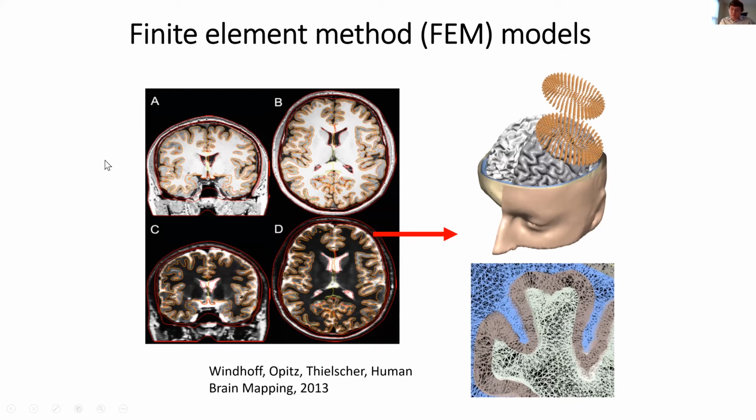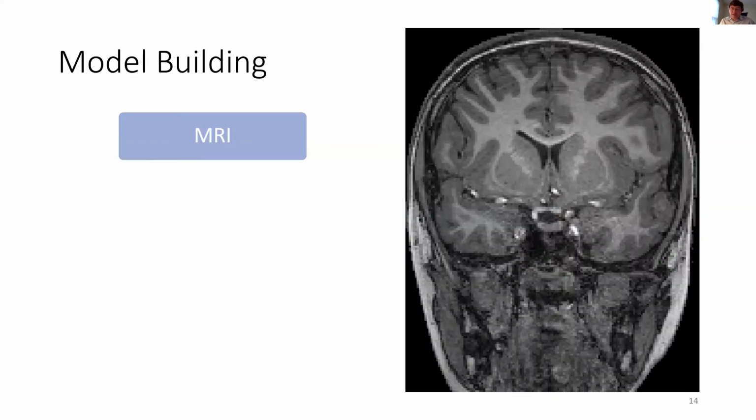One popular method for that is finite element modeling, and we have a lot more to come in the talks after me, and the demos. I'm not going to go into much detail, but basically we have anatomical MR images from which we create an FEM model.